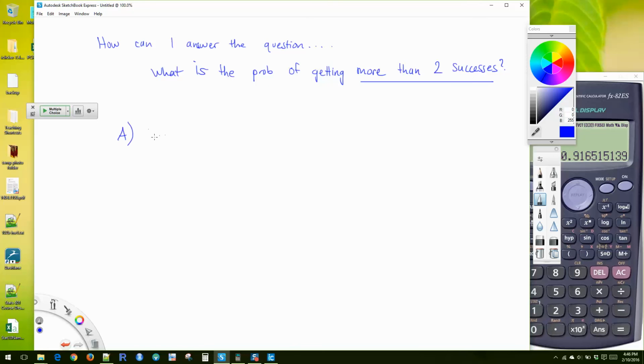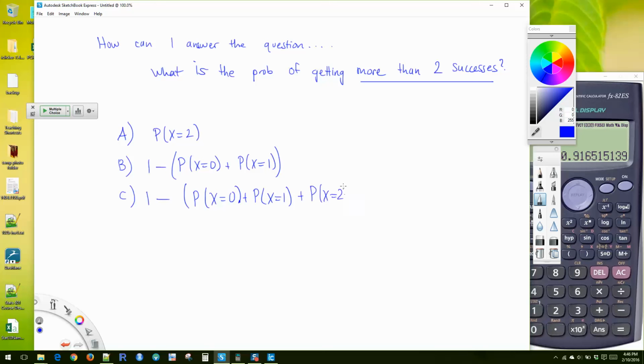All right, so your answer choices are... sorry, this last one is just going to be the probability that x equals 3.